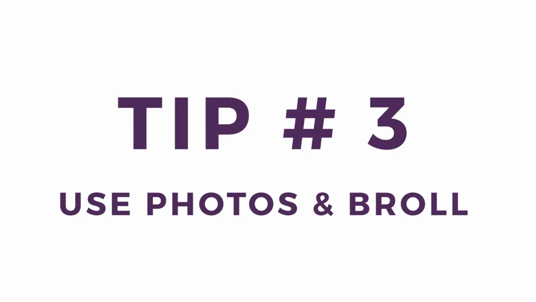The third rule that I have for trumping your jump cut is just using photos or B-roll to cover up the jump cut. So let's say your interviewee is talking about an experience that they had and they say "um" a lot, and that is really annoying, right? So you want to cut that out, but there's going to be jump cuts.